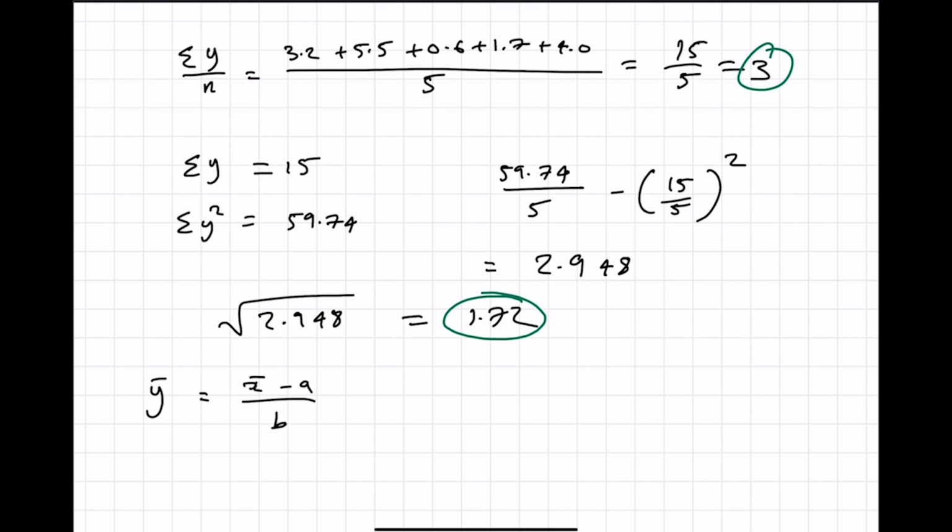Here y bar is the coded mean, which is 3, equal to x bar, the original mean, which we want to figure out. A, like we know from before, is 200, and b was 10. So we get 30 is equal to x bar minus 200, and 230 is equal to x bar. So that's how you find that.